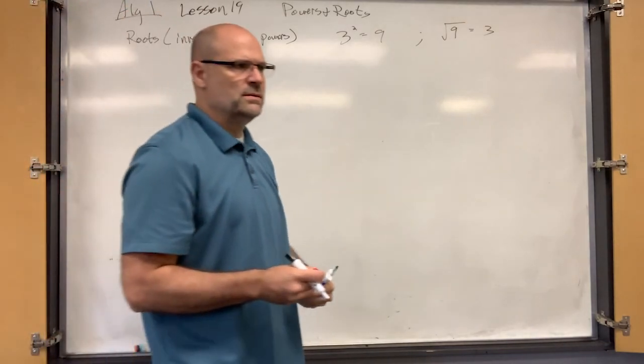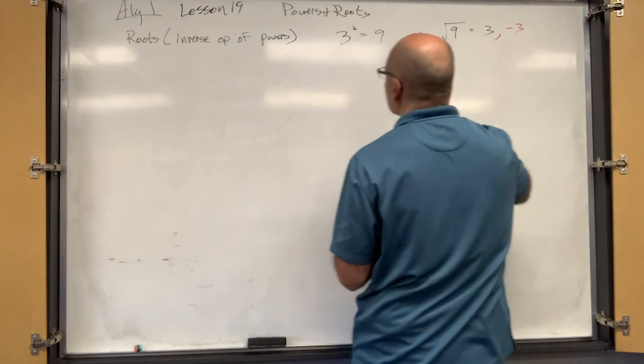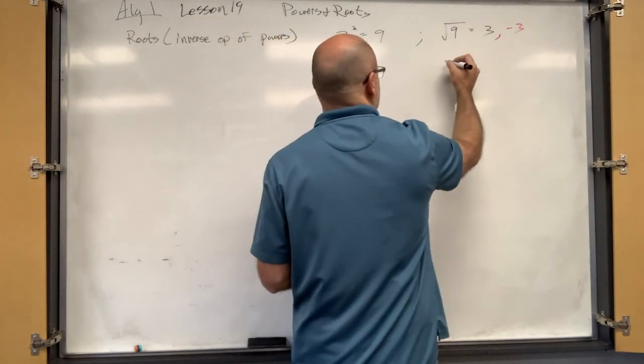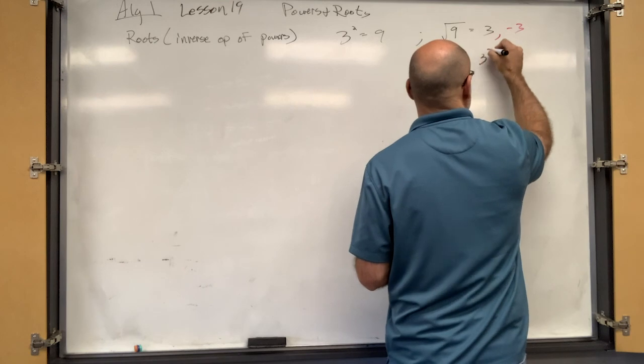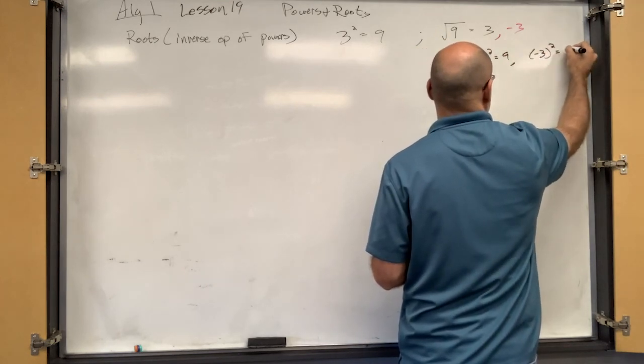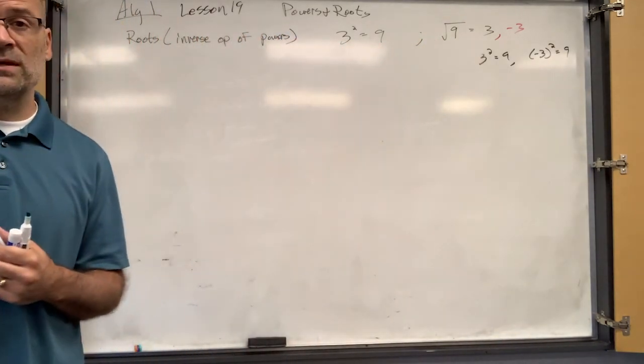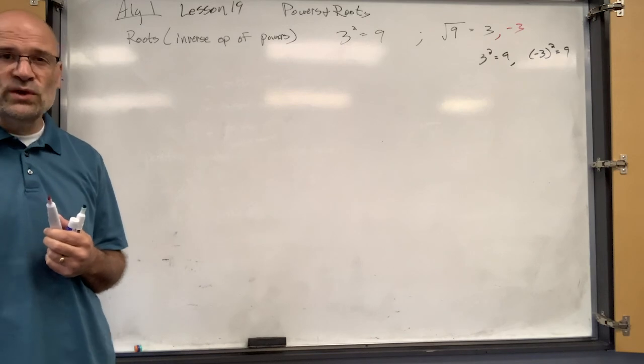There's another answer, isn't there? Because 3 squared equals 9, but also negative 3 squared equals 9. So anytime you take the square root of something, there's 2 answers.